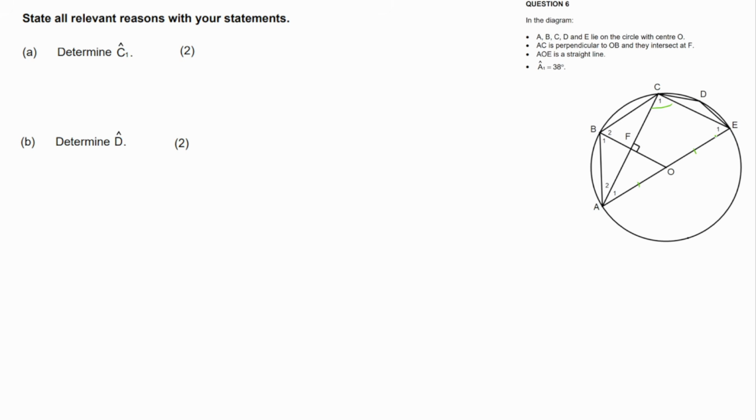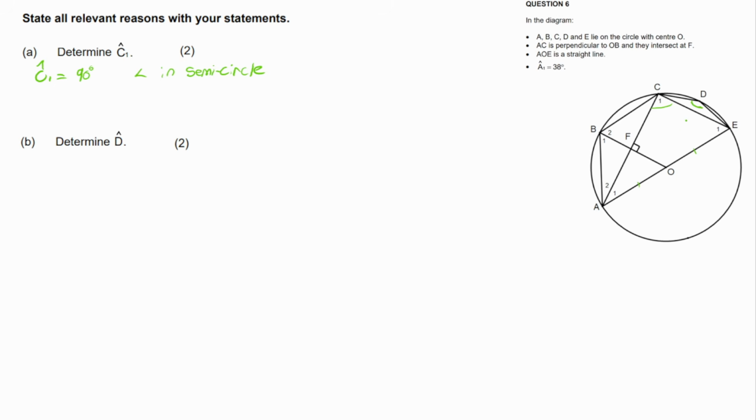So we know that C1 is equal to 90 degrees. And the reason there is angle in a semicircle. Okay. Angles in semicircle.